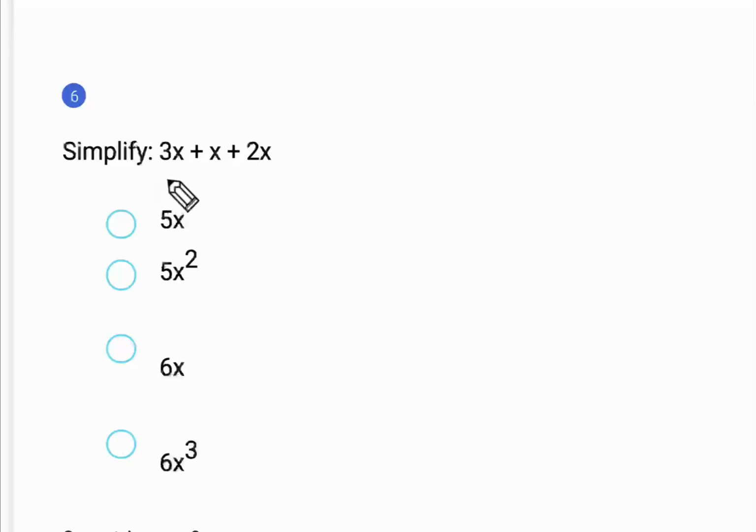The like terms are using the same variable. So 3x, x, and 2x, they are all like terms. So just add them. Of course, if we don't have a coefficient, what is the coefficient of this one? 1. Of course.